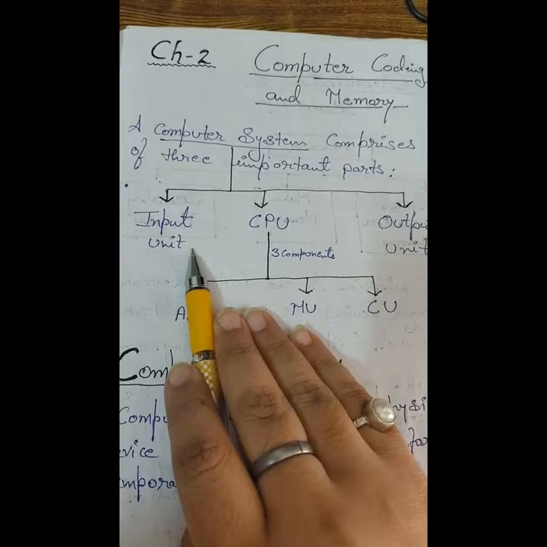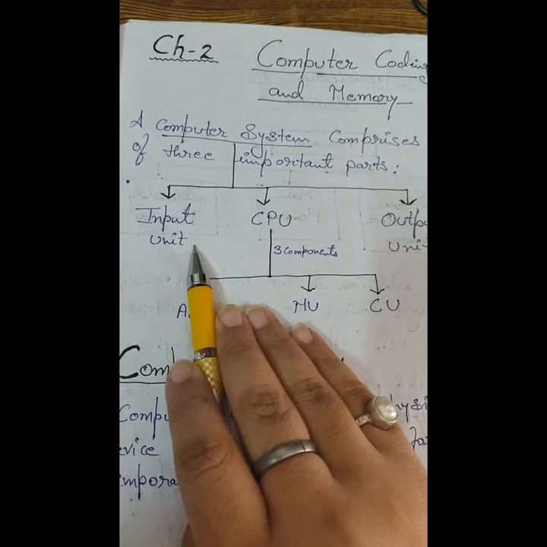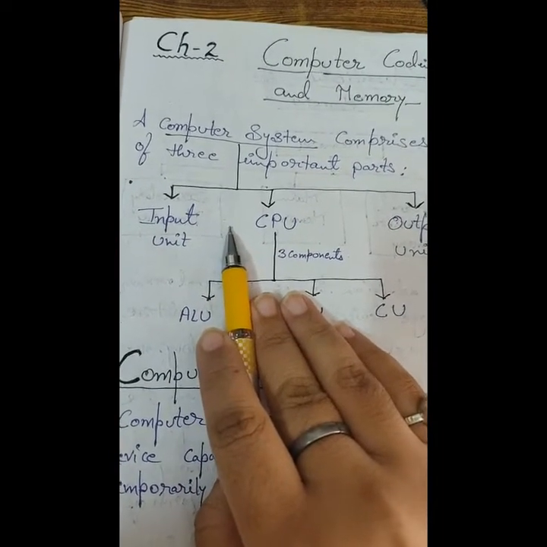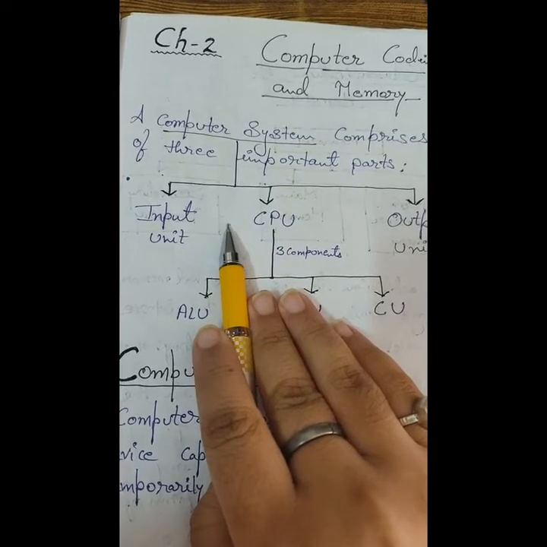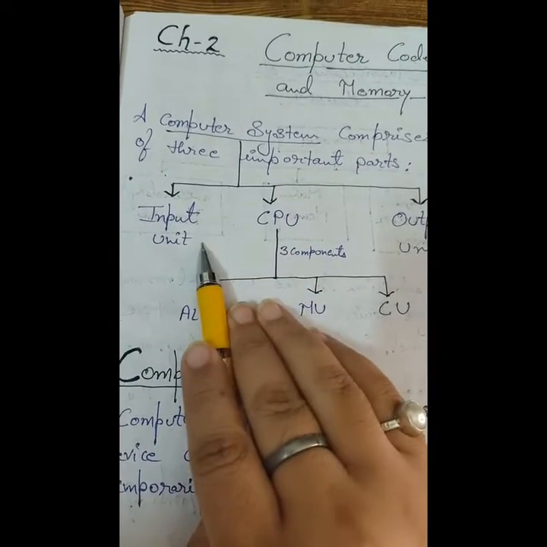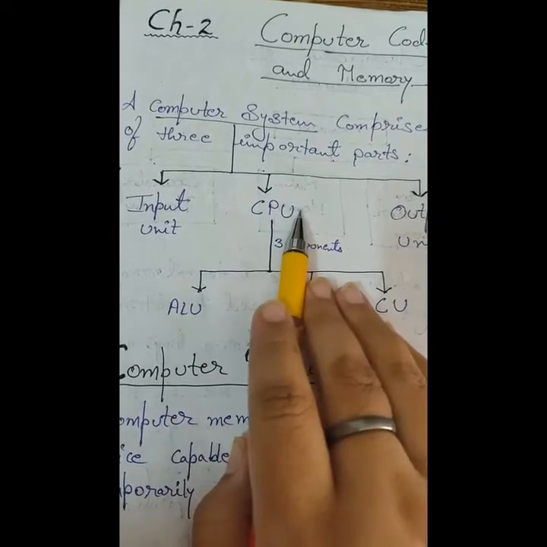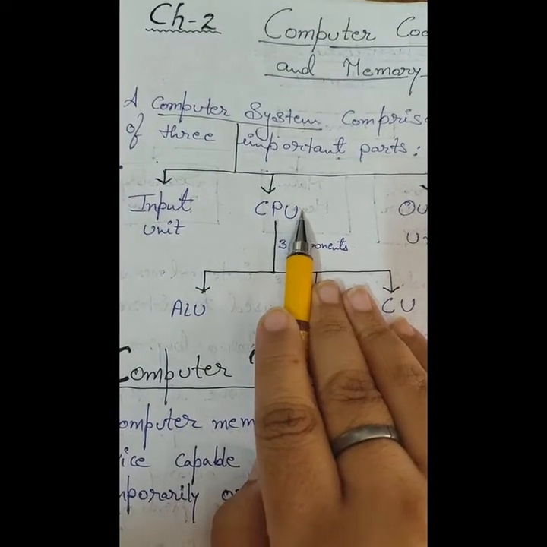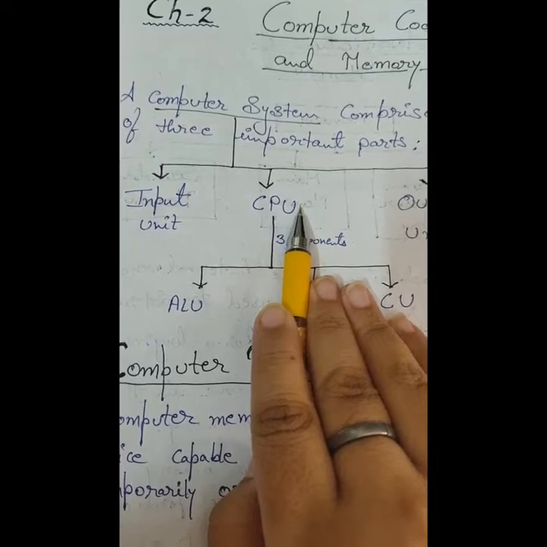What is the input unit? This component helps the user to enter data into a computer system with the help of input devices. After receiving the commands and data from the user, the computer system now has to process it.